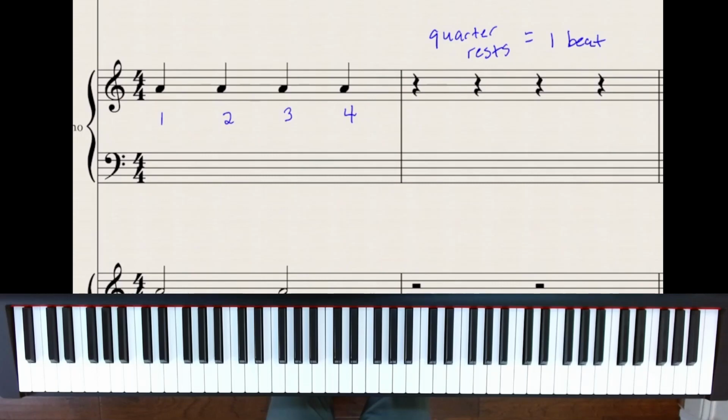One, 2, 3, 4. Okay? So each one of these rests got 4 counts. All right?